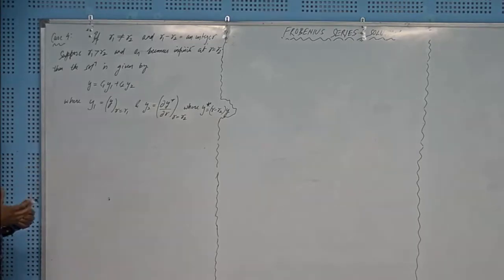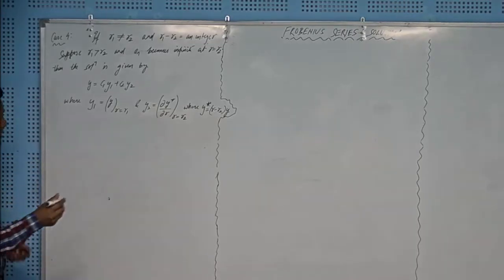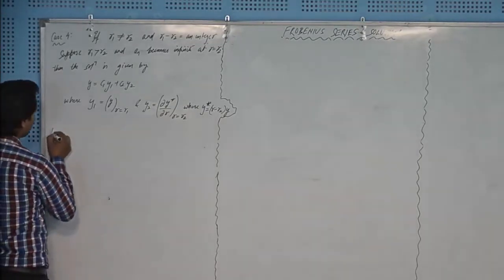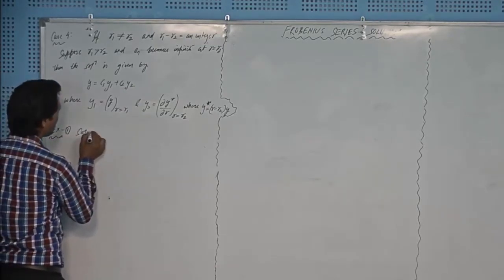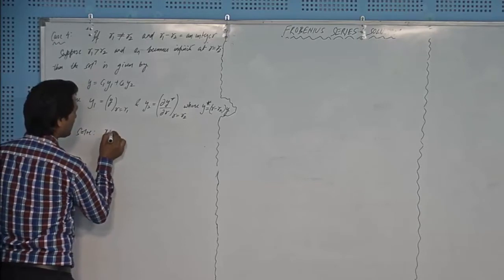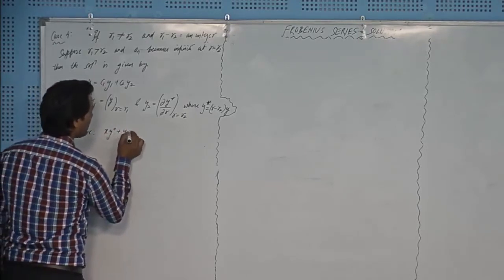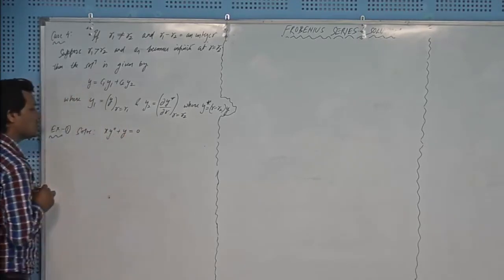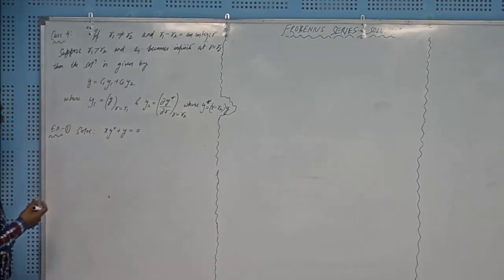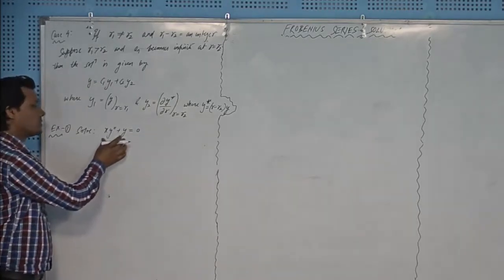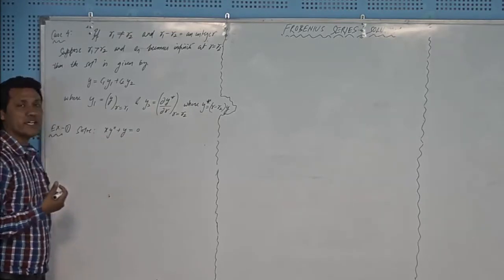So I will take the simplest example to understand this concept. Example number 1, the simplest differential equation we can take: x y double dash plus y equal to 0. Since nothing is stated in the question, it is automatic that the solution should be obtained around the point x equal to 0.